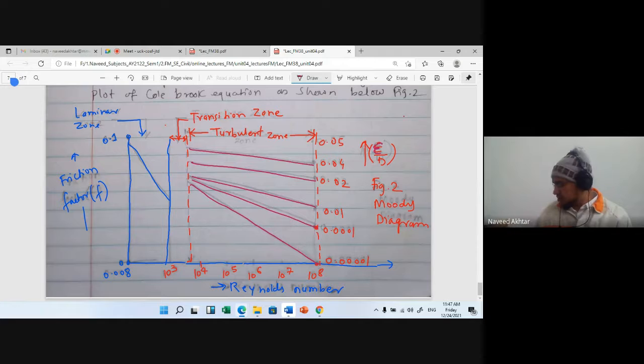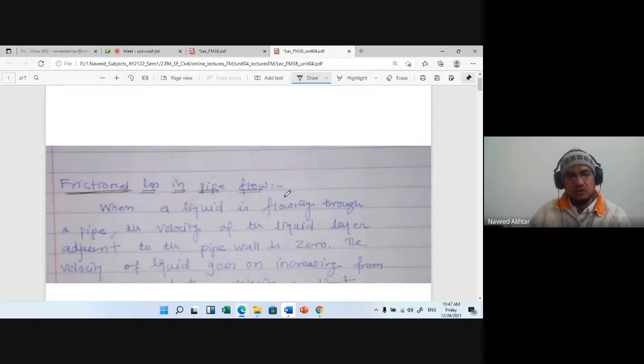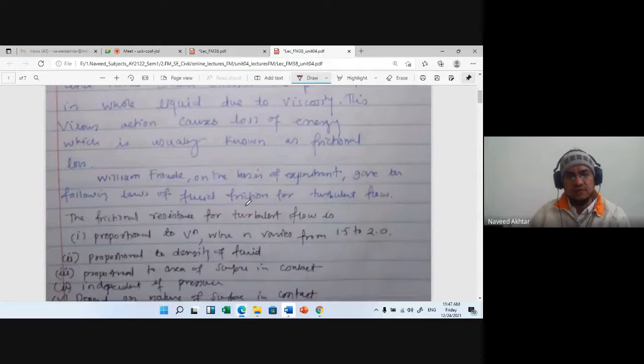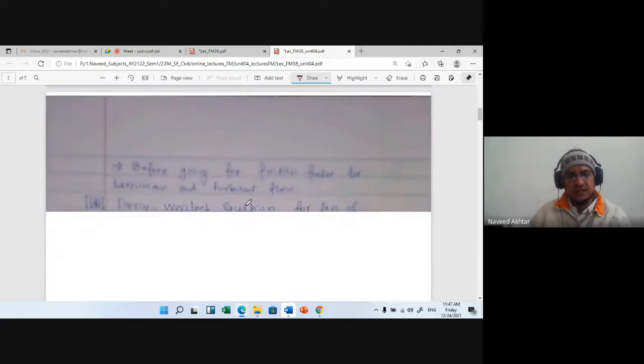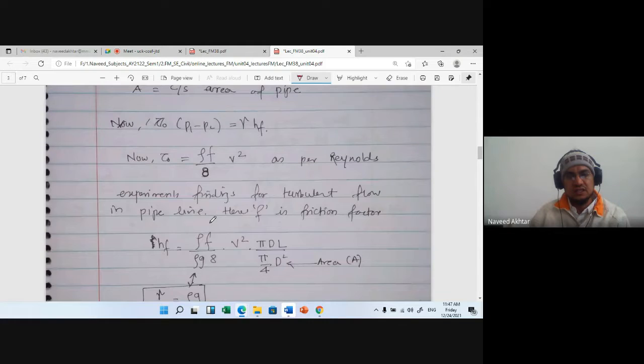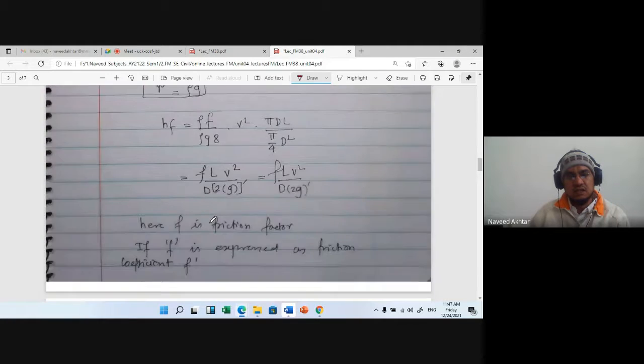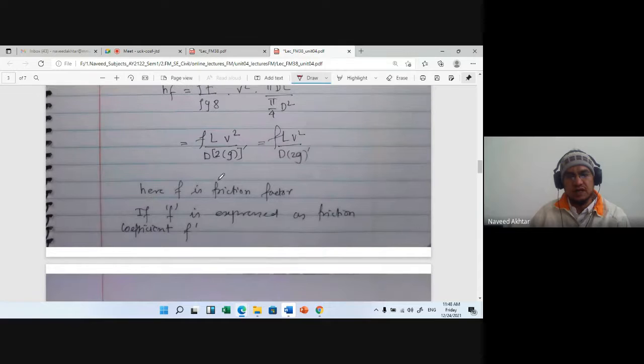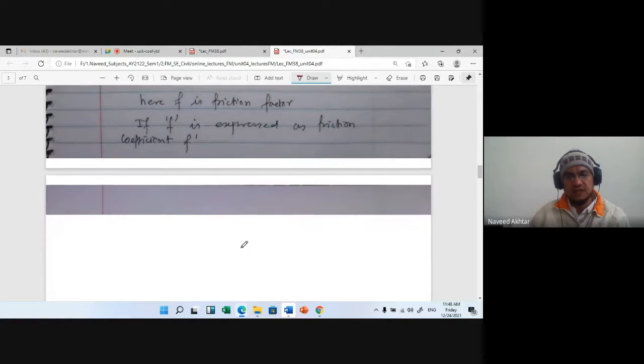I will share this sheet also, so you can come to know friction losses in pipe flow. Some theory we discussed, then the derivation, and we found the head loss equation from the Darcy Weisbach equation.